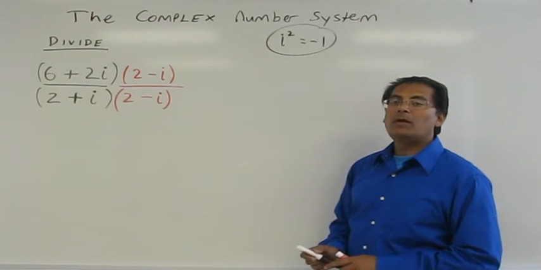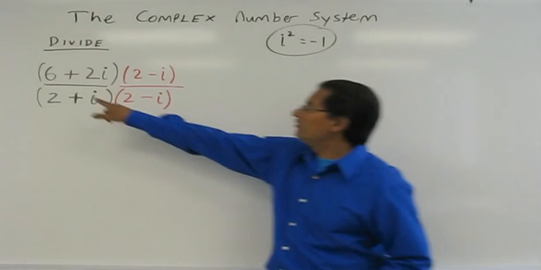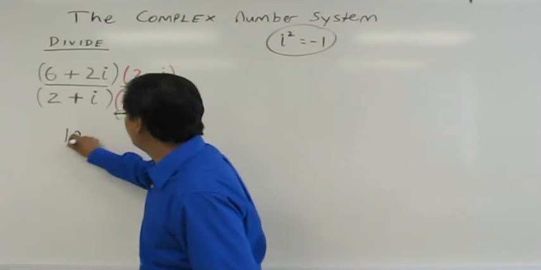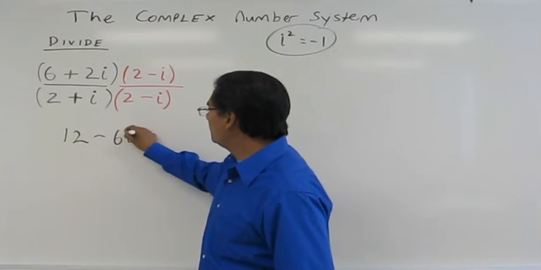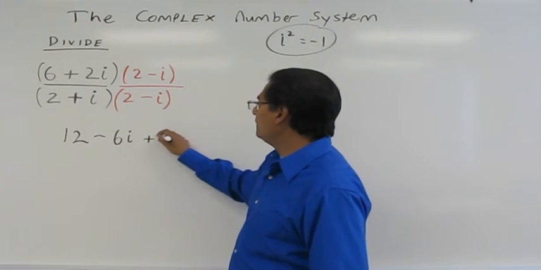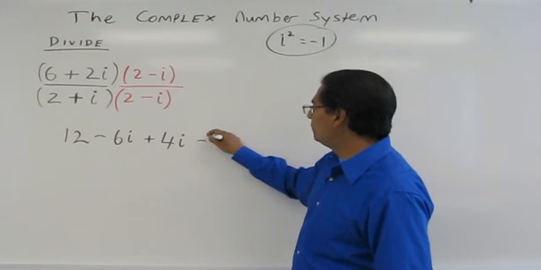So now we have to do our multiplication. If we multiply the top, we're going to have 6 times 2 is 12. And then 6 times minus i is minus 6i. And then 2i times 2 is plus 4i. And then 2i times minus i is minus 2i squared.